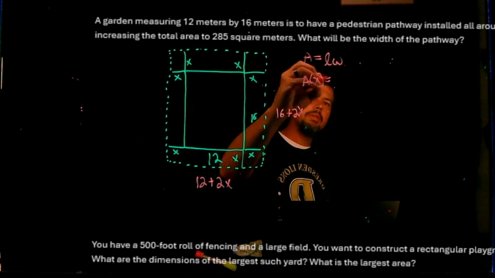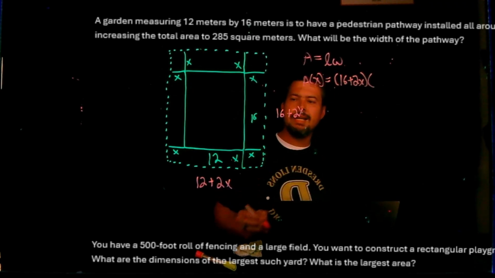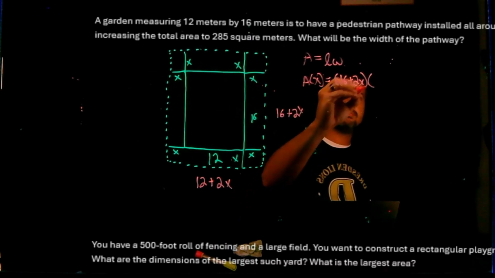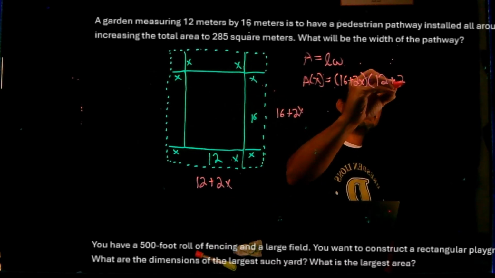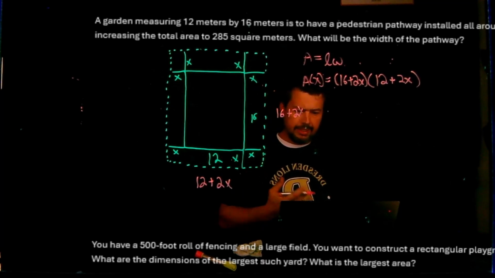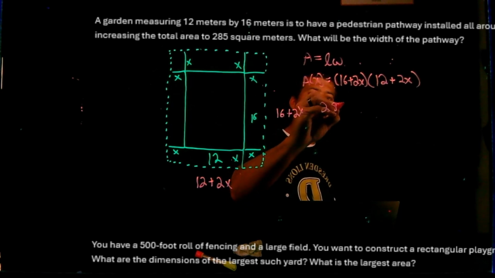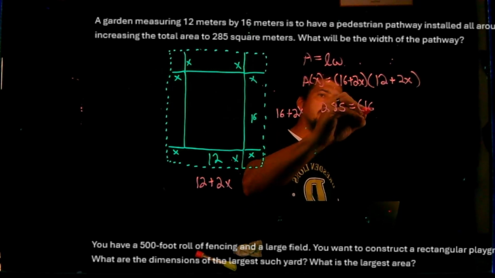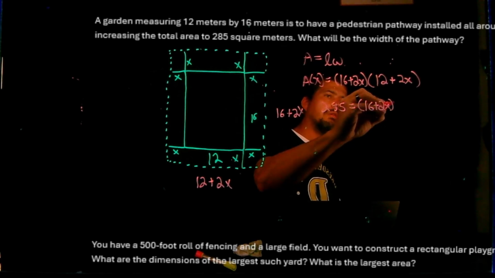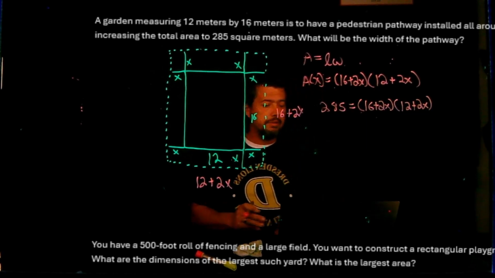Area as a function of x is 16 plus twice x times 12 plus 2x. And there's my area function. Now, I happen to know that the area is 285 square meters. And now I have a function.